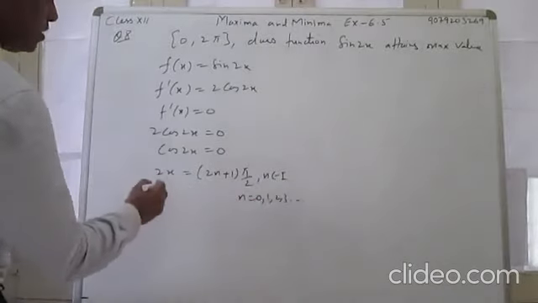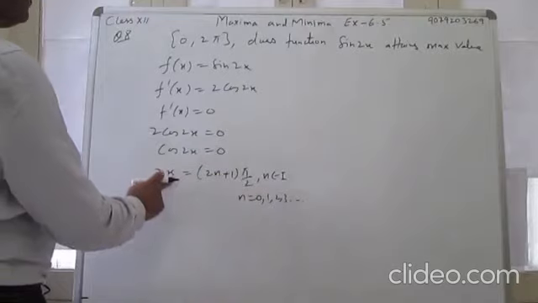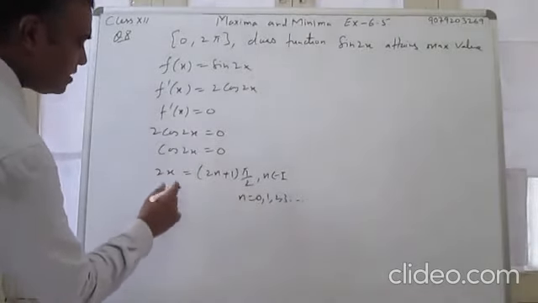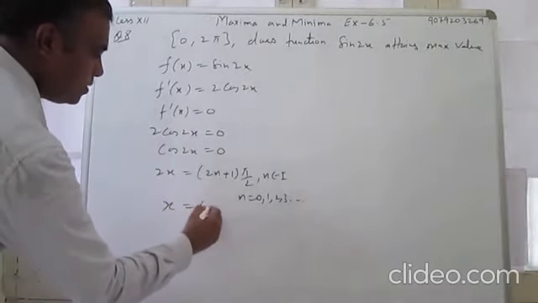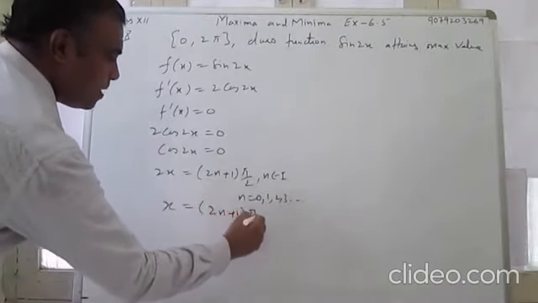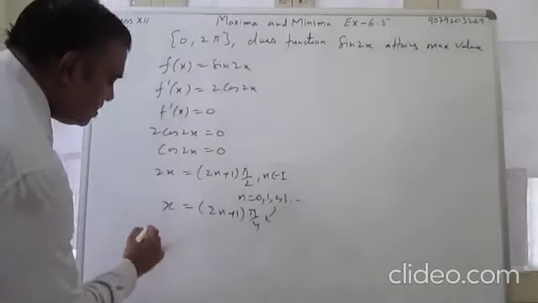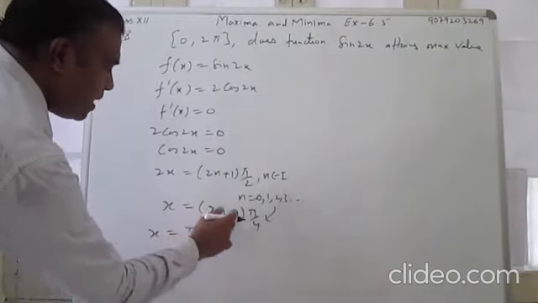If I put n is equal to 0, first we have to find the value of x. So it is 2x, so convert it into x. Divide by 2, it becomes (2n plus 1) into pi by 4. Put this value in. If I take n is equal to 0, x is equal to pi by 4.